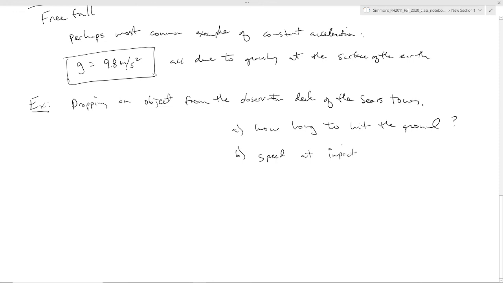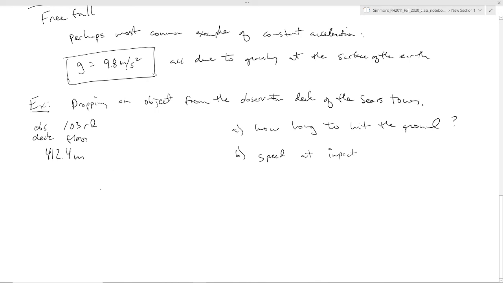And I have to give you some information here. So the Sears Tower is 103 floors. Well, the observation deck is on the 103rd floor, and that is 412.4 meters from the ground.